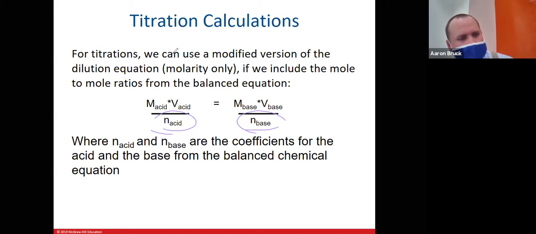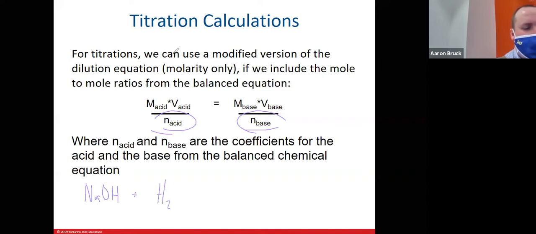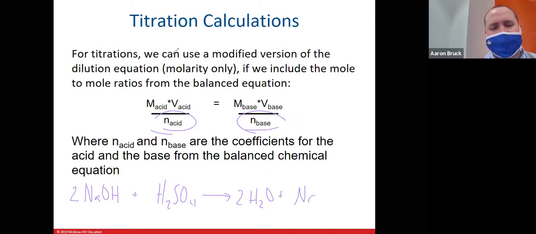these. These values of n are the coefficients from the balanced chemical equation. So if I have sodium hydroxide reacting with sulfuric acid, the products of that reaction would be water and sodium sulfate.